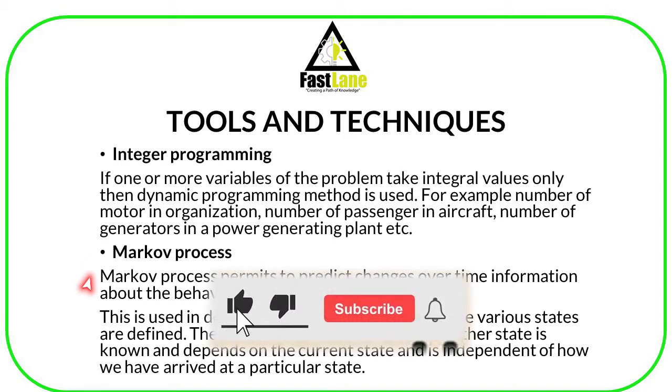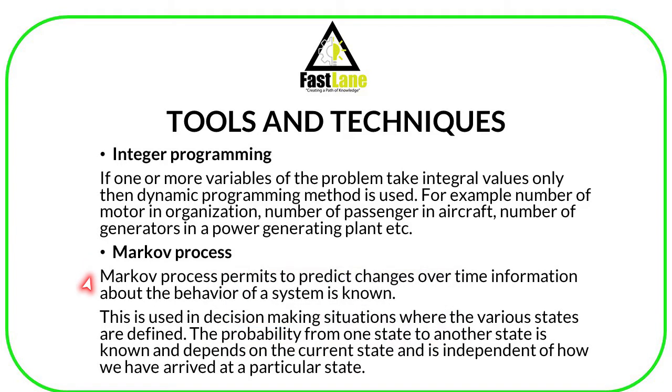Then we have what we call the Markov process. The Markov process is a process that permits us to predict, to forecast the changes over time, given information about the behavior of the system, if at all it is known. What do we mean here? Such a process is used in decision-making situations where various states have to be defined.